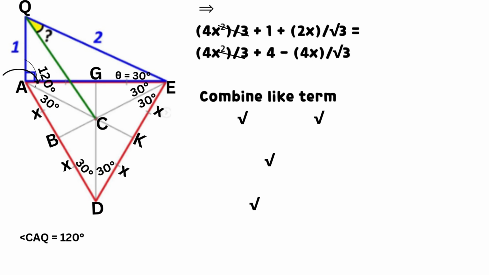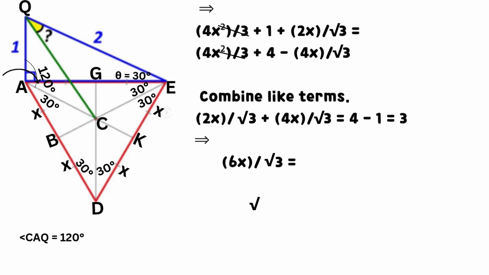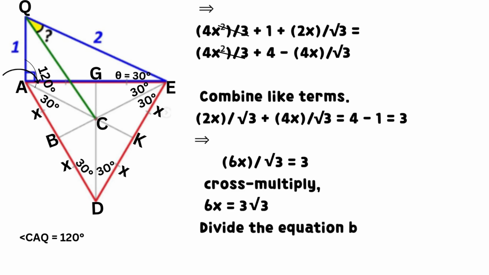Equal but opposite sign terms cancel out, so we combine like terms and simplify. We have that 6 times x divided by the square root of 3 equals 3. Cross multiply. 6 times x equals 3 times the square root of 3. Divide the equation by 6.